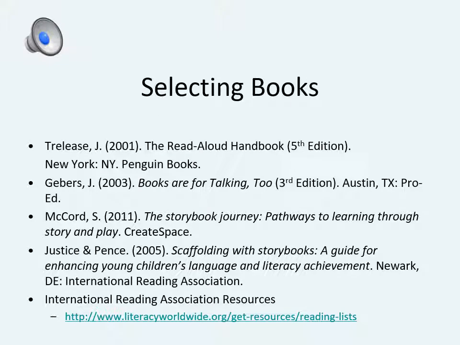There are tons of resources out there to help us select books. I think the one that I want to highlight most here is Geisler's Books Are for Talking To, and that is a book that is written for SLPs specifically. It gives us a lot of different books, different ideas for addressing various skills through those books.